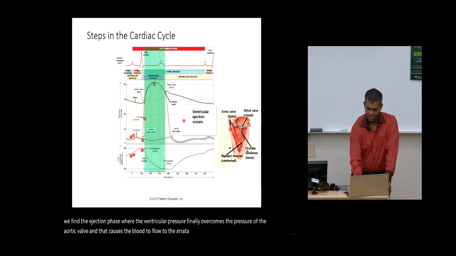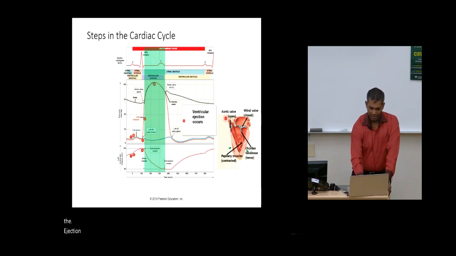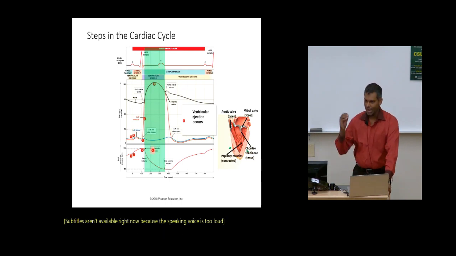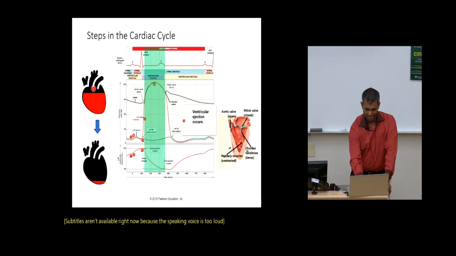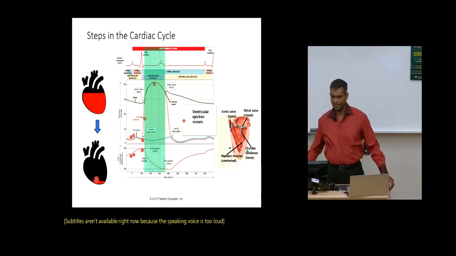This ejection phase is going to happen between the QRS complex and the T wave. And notice in the final panel down here, the third panel, the volume of blood in the ventricle is dramatically decreasing. It was at this place, but as blood is being ejected out, the volume is gradually decreasing.